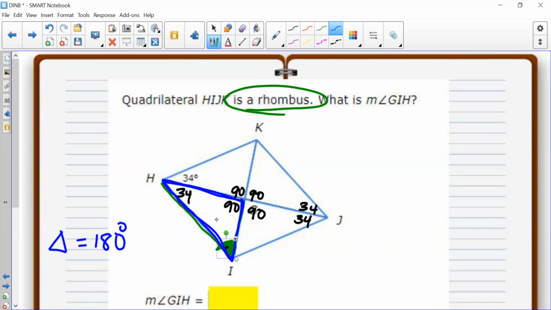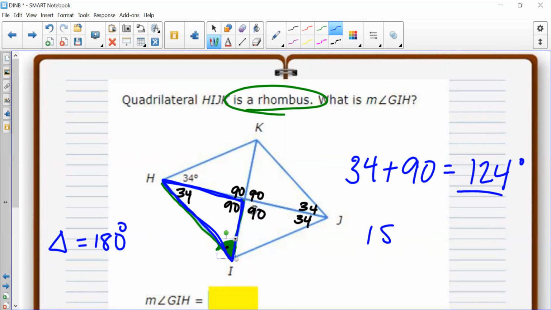So I know two angles, 34 plus 90, which equal 124. So I can subtract those two angles from 180 and it will tell me my missing angle. So the missing angle would be 56 degrees.